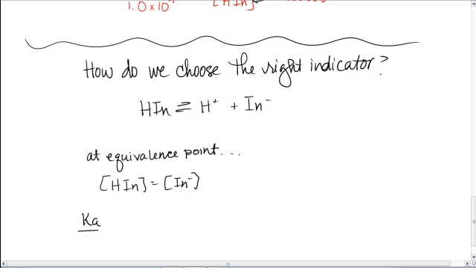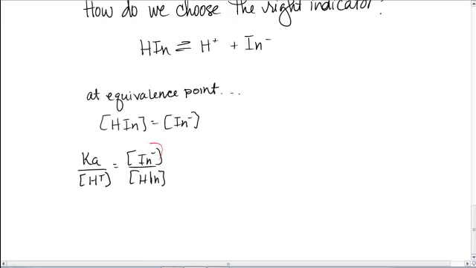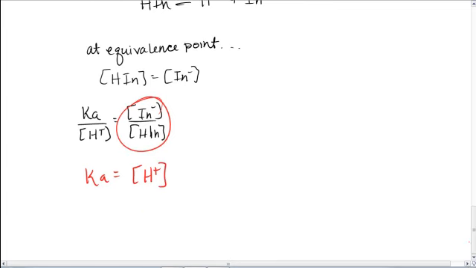If that's true, and we know that Ka over H plus is equal to In minus over HIn, if these are equal, then what's true about these? Those are equal. And so we know that the Ka is equal to the H plus. If we take the negative log of both sides, then the pKa, negative log of the Ka, is equal to the pH.